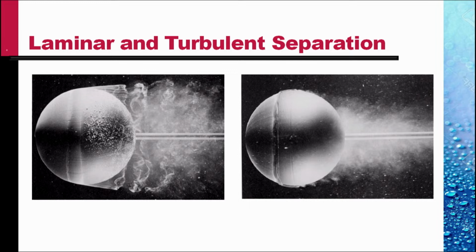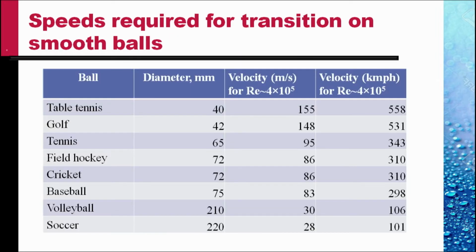But in the second case, the boundary layer becomes turbulent and separates much later, leading to a narrower wake and lower CD. As we said, the transition on a smooth sphere occurs at a Reynolds number about 4 into 10 to the power 5.